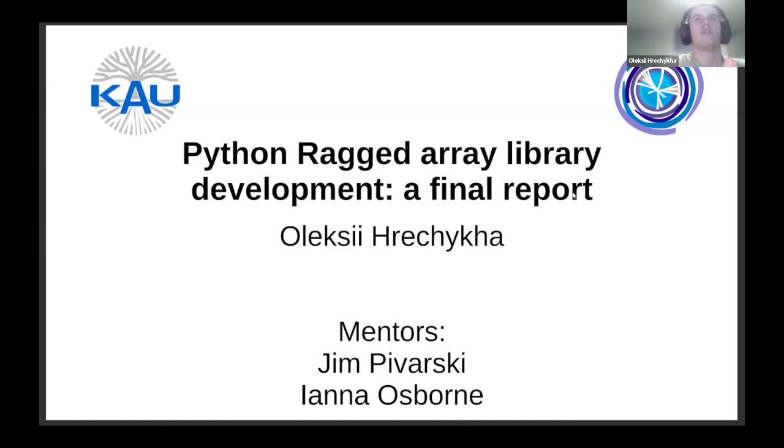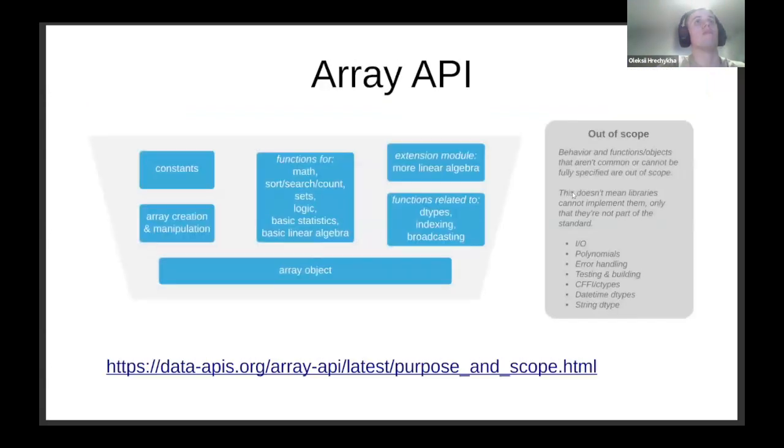And because of that, some sort of standard must be introduced for the libraries to be somewhat interchangeable. As for array libraries, there is such a standard. It's called the Array API, and it basically governs and standardizes what a user may expect when using a certain library.